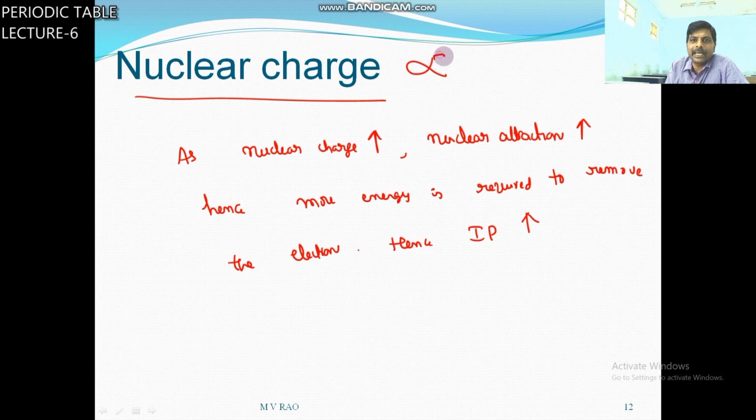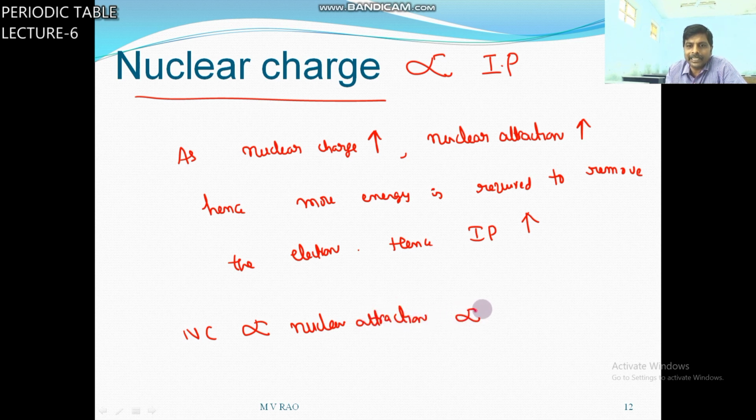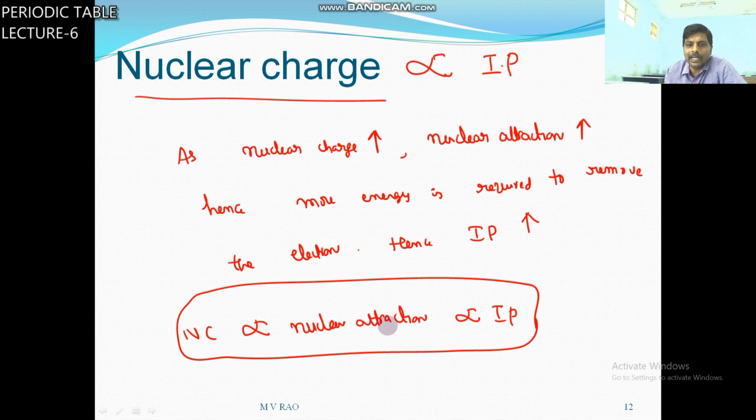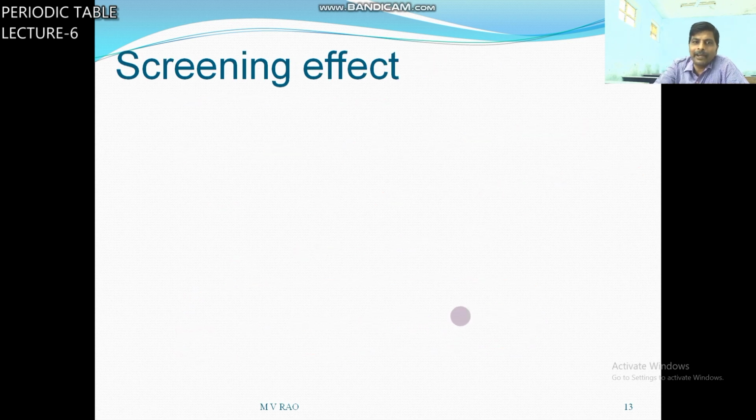Nuclear charge is directly proportional to ionization potential. That means nuclear charge is directly proportional to nuclear attraction. More nuclear attraction needs more energy. If nuclear charge is less, nuclear attraction is less, and the IP value is less.